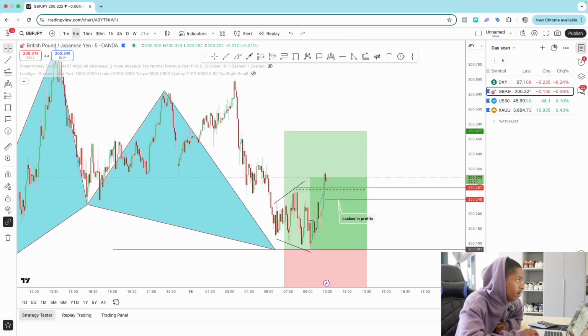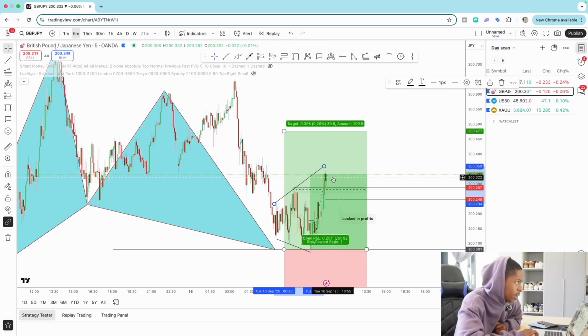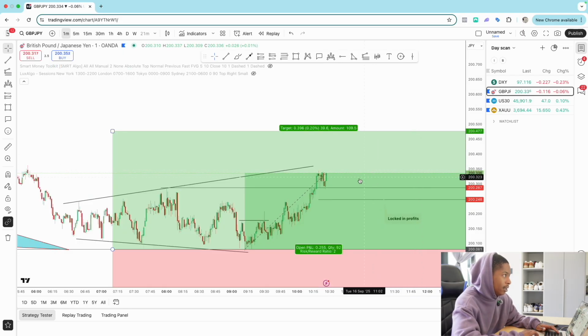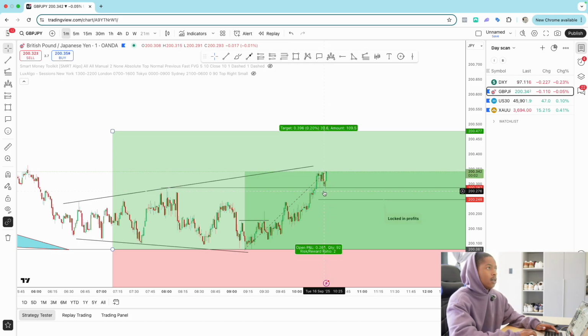And once I break above here, because you see here, once we get here, once we break above here, I'm going to take my stop loss and put it below here. Just locking in maximum, bro. Locking in maximum at all. Once we break above here, I'm putting my stop loss below here.